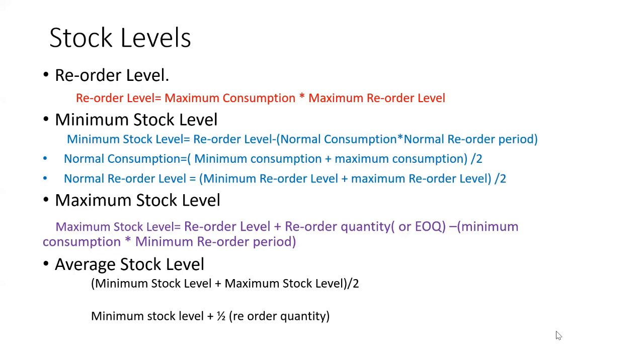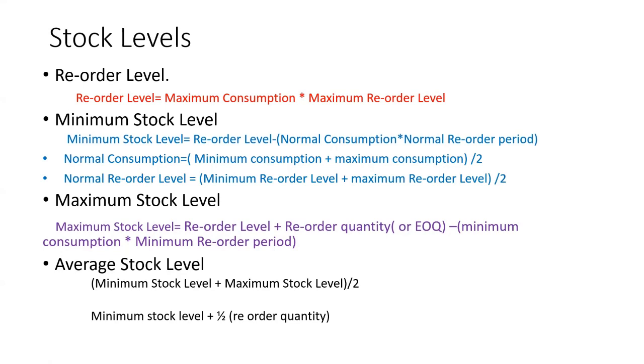Minimum reorder period plus maximum reorder period divided by 2 gives the normal reorder period. So the reorder level we have calculated, minus normal consumption into normal reorder period. Usually they'll give this in the question. If they haven't mentioned it, then consider these two formulas.